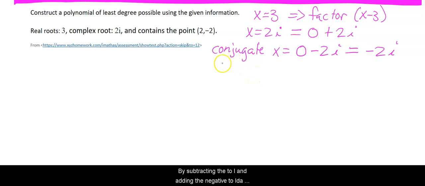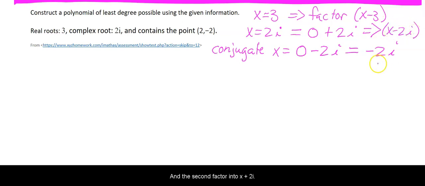By subtracting the 2i and adding the negative 2i to both sides, I can convert the first factor into x minus 2i and the second factor into x plus 2i, just like I did with the real solutions. Now I want to multiply these together.